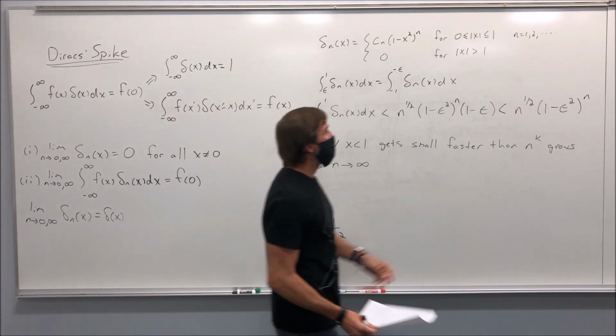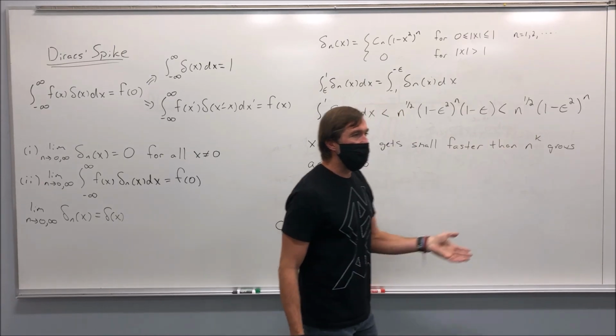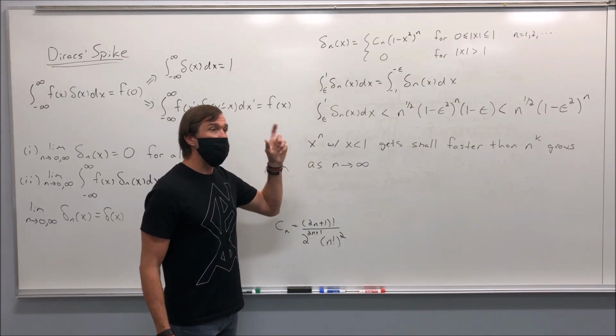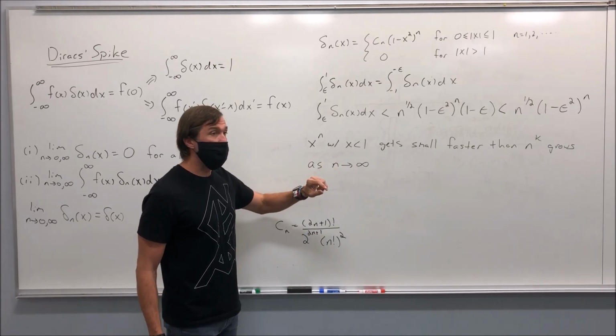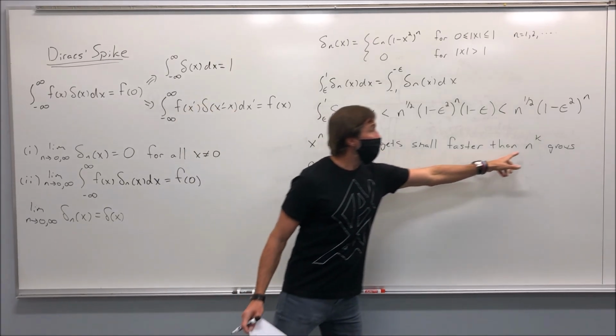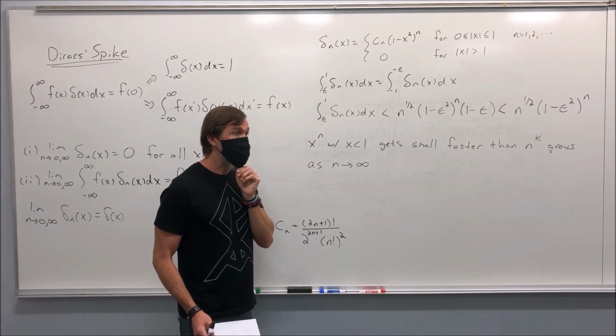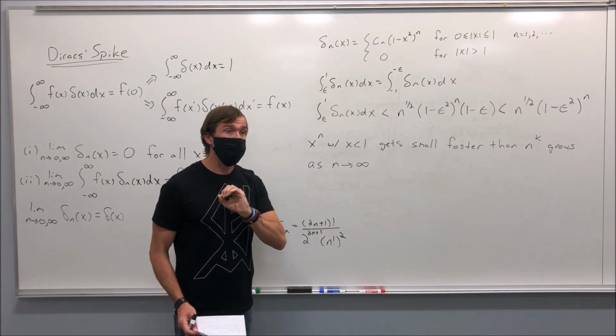Obviously, n to the k gets bigger and bigger as n gets larger. x to the n, where x is less than 1, gets smaller and smaller as n gets larger. The product of these, though, becomes what as n goes to infinity? It becomes 0. Okay?